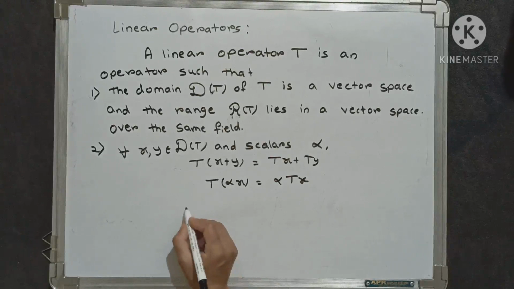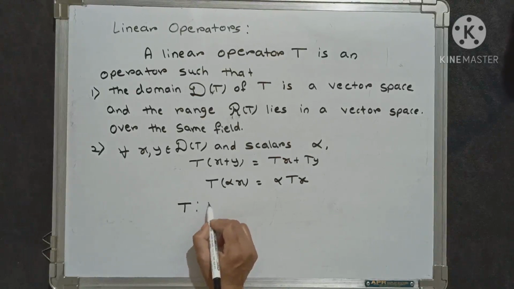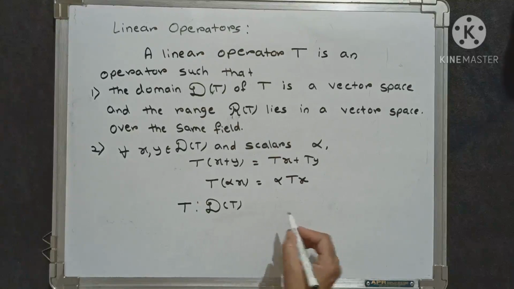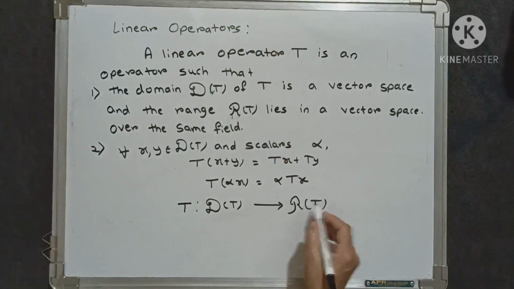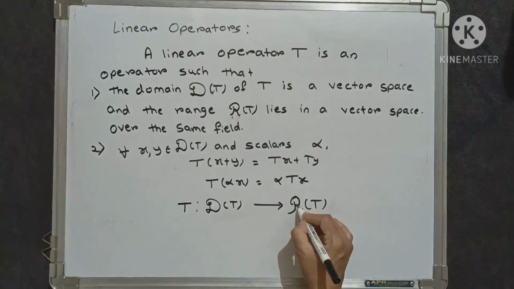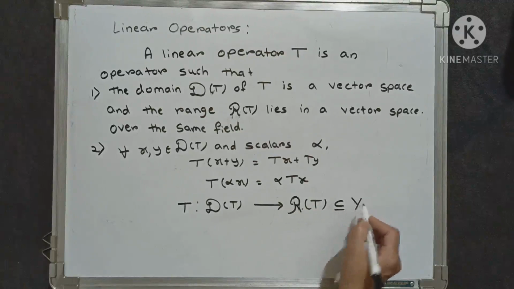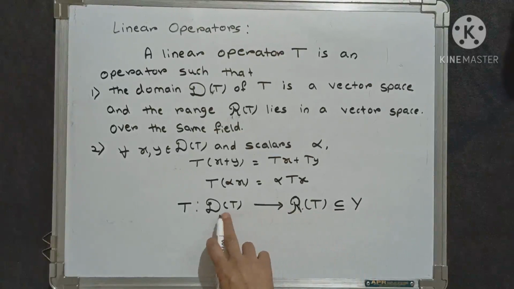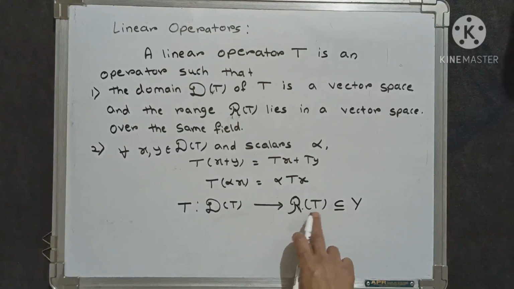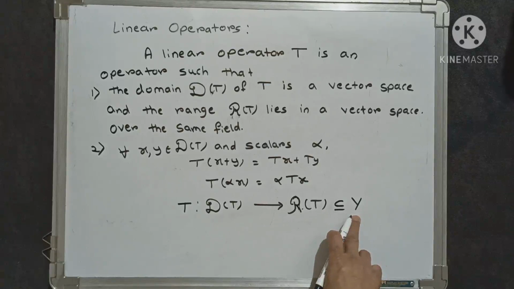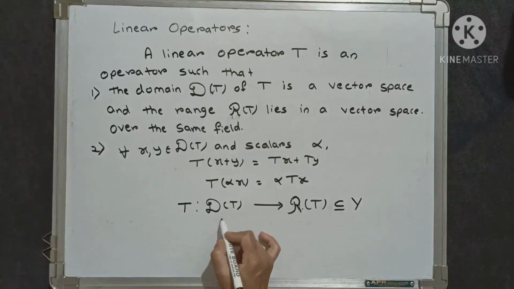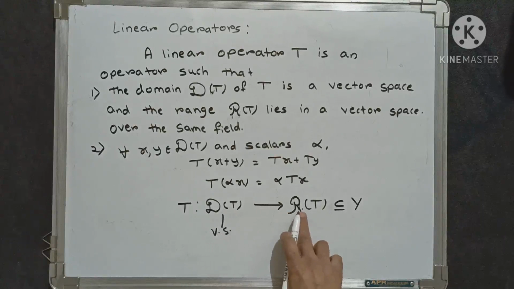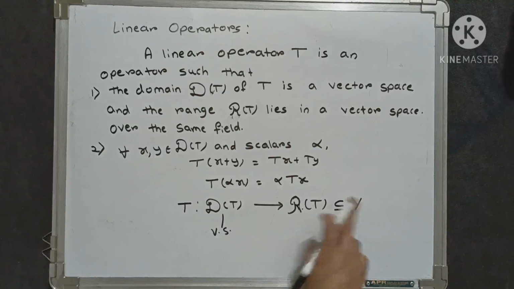That means here our linear operator capital T is the mapping from the domain D(T) to the range R(T), and this R(T) is a subset of Y. That means here it is the domain, it is the range, and the range lies in a vector space capital Y. The condition for the linear operator is that the domain D(T) is a vector space, and the range lies in a vector space over the same field.